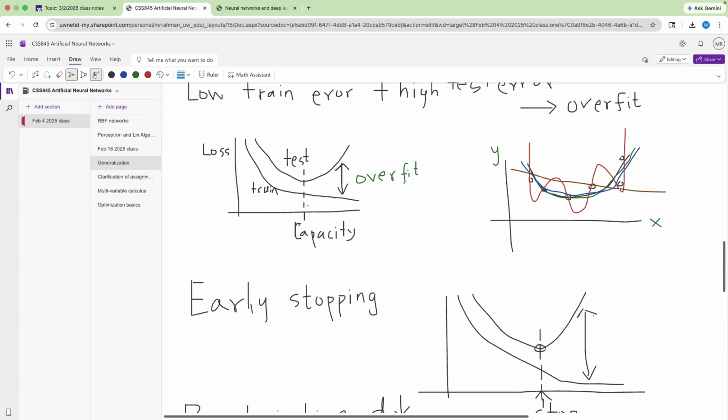Okay. Now the brown line is a linear equation. So what is the degree of the polynomial of a linear equation? One. It's a linear equation, so it's degree one. And then the blue one here is like a quadratic, so it's degree, let's say, two. And this red one is probably, let's say, a seventh degree polynomial.